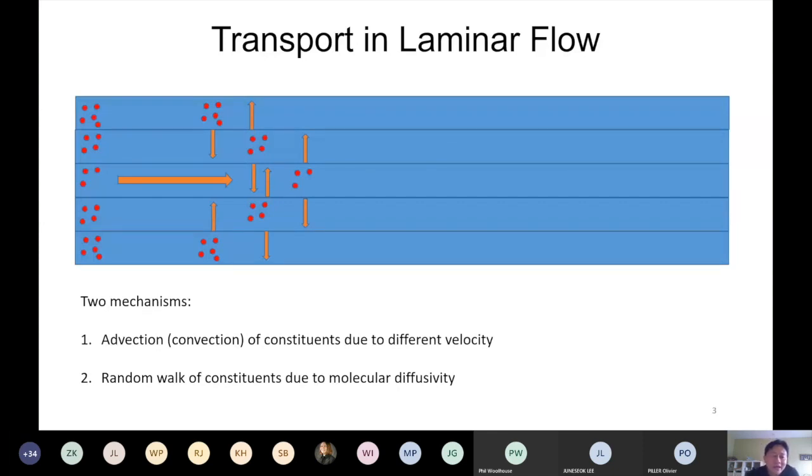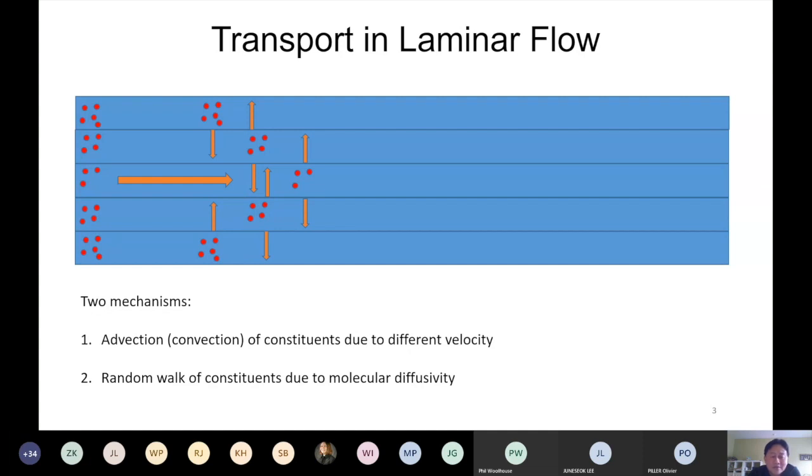If we have some contaminants, or what are called constituents, released at the start of a pipe, these constituents will travel with the flow, carried along with the flow, and they also will move in the radial direction because the velocity difference will create a concentration gradient for this kind of species. So basically we have 2 mechanisms here, right?